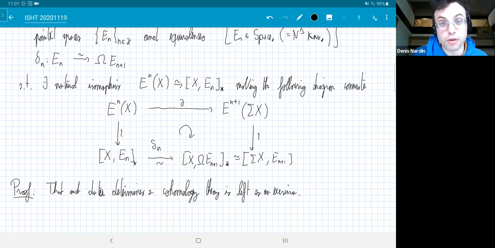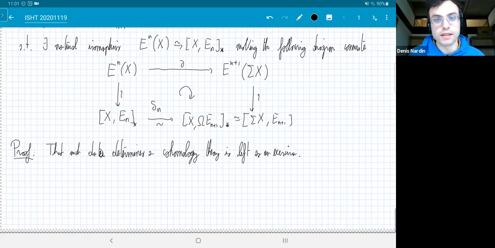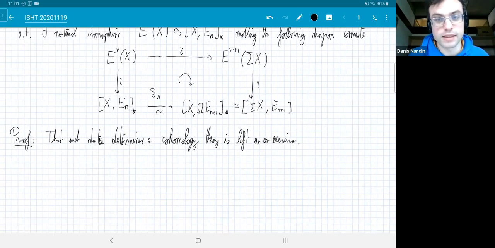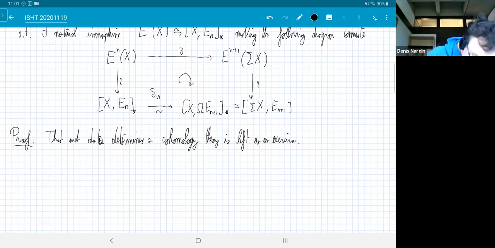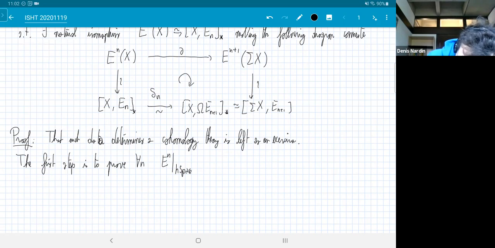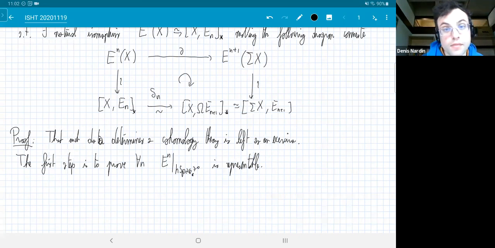I might say a couple of words about where the abelian group structure is coming from, but for now, let me just do the other direction. From a cohomology theory, construct such data. Okay? So the first step is to prove for every n that En restricted to connected pointed spaces is representable, using the Brown representability theorem.